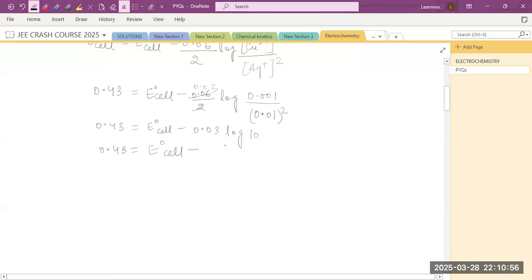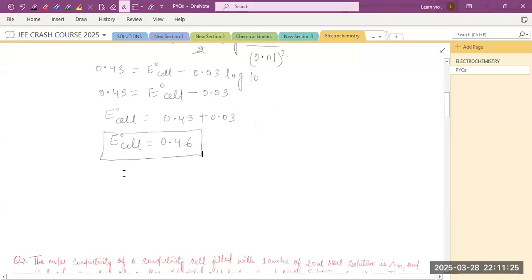What is the value of log 10? 1. So you will get E naught cell as 0.43 plus 0.03, so E naught cell will be 0.46 volt.